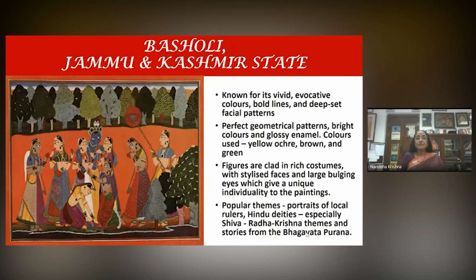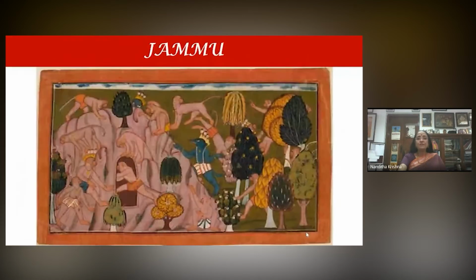There are bright colors and they used glossy enamel. Figures are clad in rich costumes with stylized faces and large bulging eyes, which give a unique individuality to the paintings. The popular themes, of course, are local rulers, Shiva, Radha, Krishna, and stories from the Bhagavata Purana.